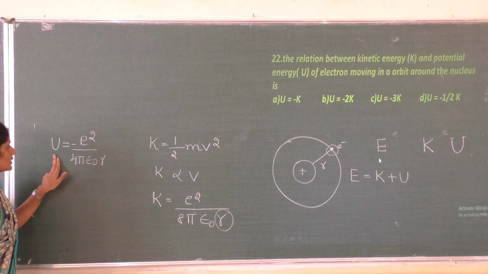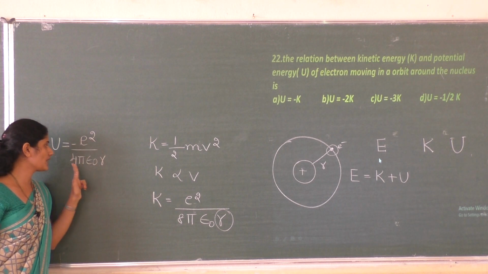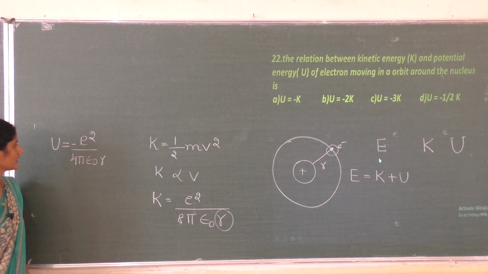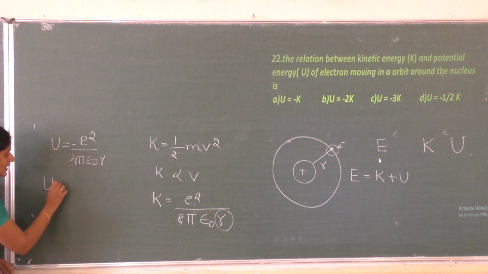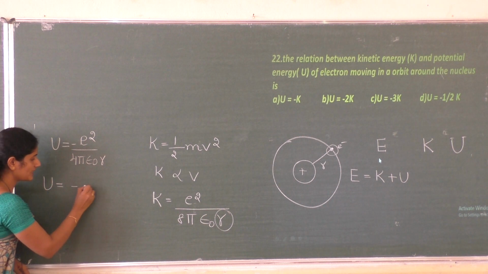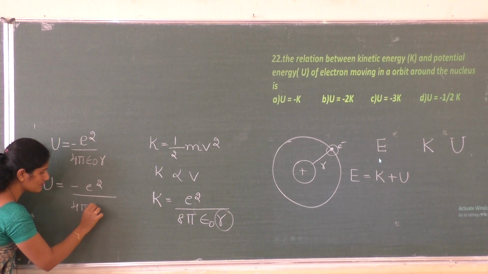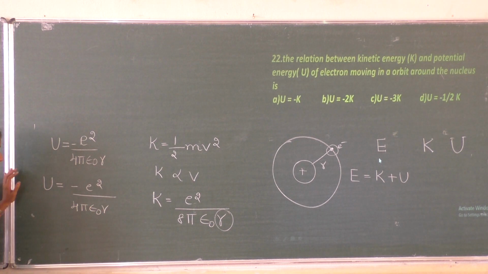So U is equal to minus e square divided by 4 pi epsilon naught R. This is the expression for potential energy.